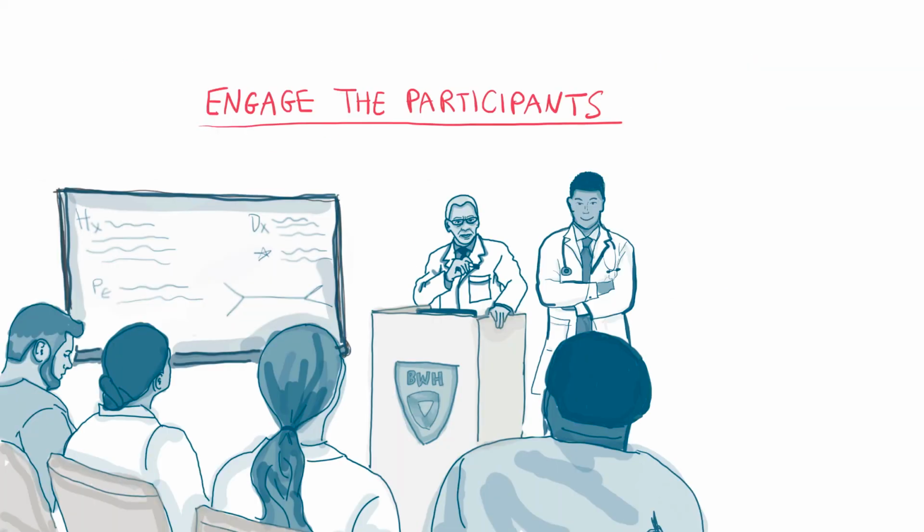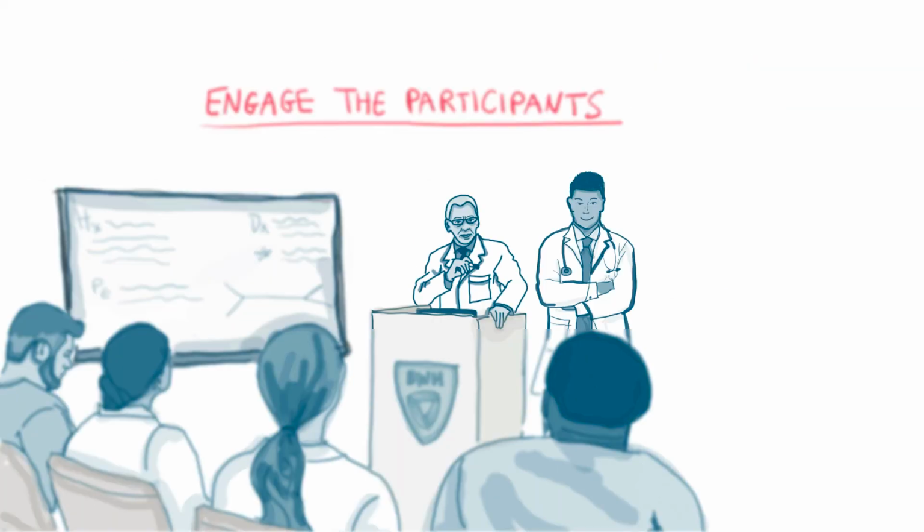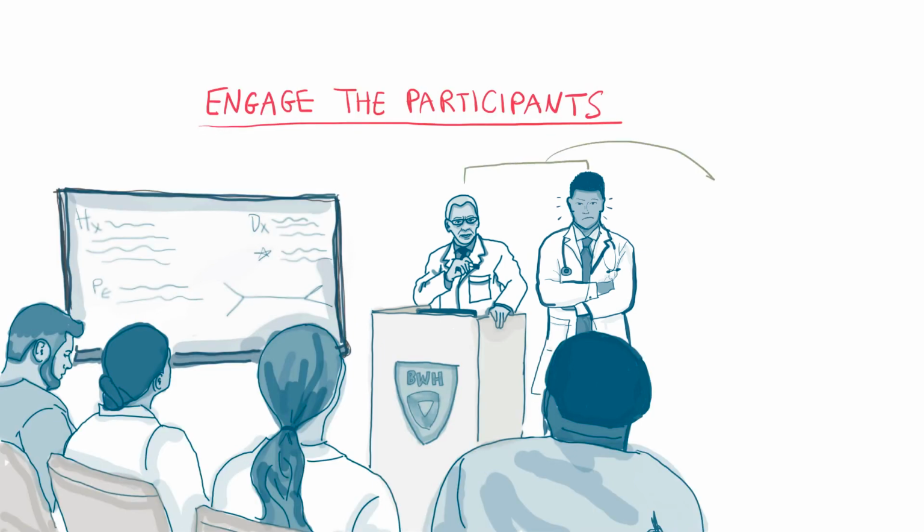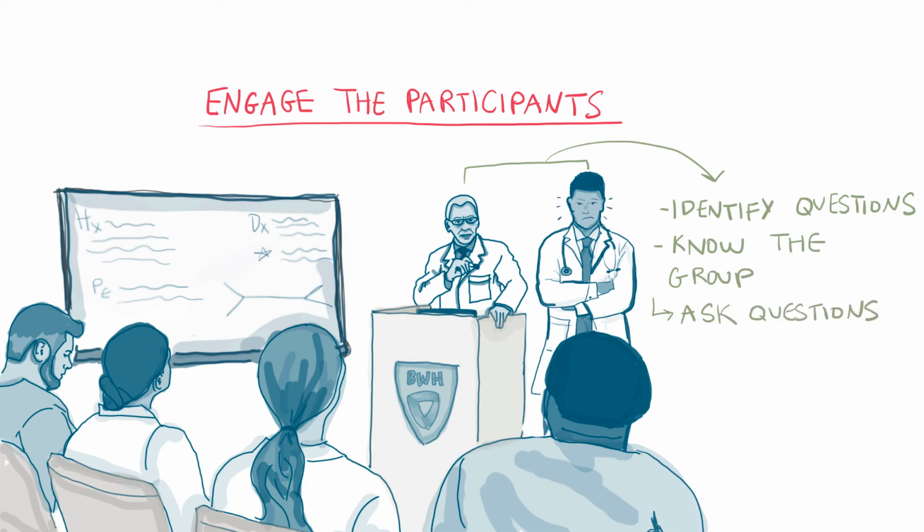Now, the faculty usually is pretty anxious before they've started to give a report because they assume they have to supply the answers. But in morning report, as in teaching rounds, we really want the faculty to help identify the appropriate questions. It is very useful if the faculty knows some members of the group so that they can ask questions and get a discussion going.